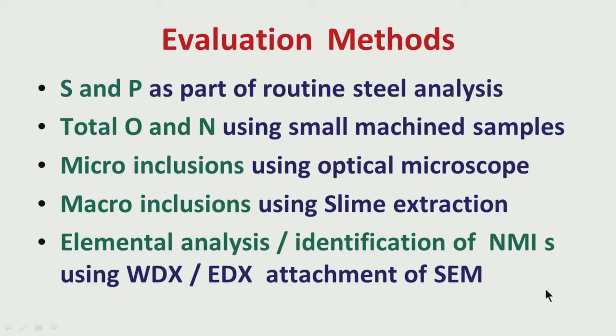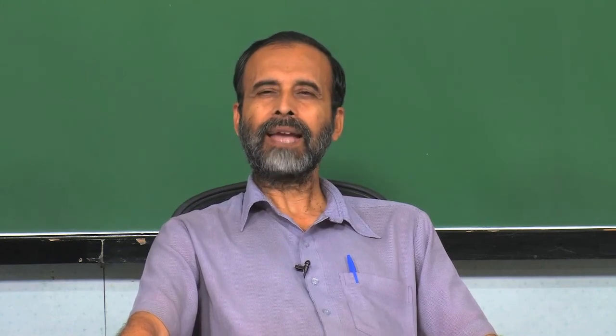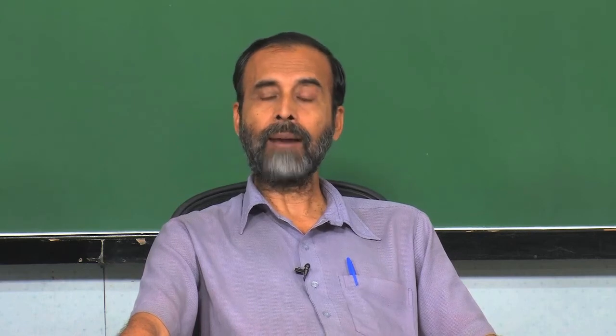Basically, what is the technique? Whenever electrons fall on the samples in a scanning electron microscope, elemental X-rays are also getting generated. So, depending on what are the elements present in the samples, we have different wavelengths. For example, if you have calcium in the sample, like I have told you, calcium oxide is a very common NMI, non-metallic inclusion in steel. Like if you have a slag sample, we may have calcium oxide in it to a certain extent.